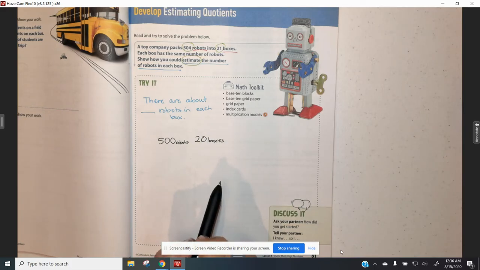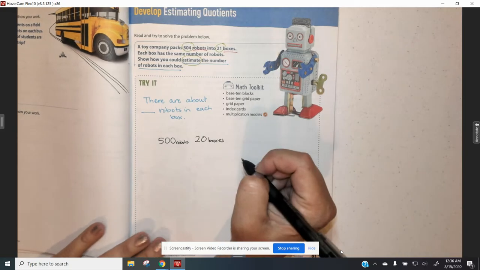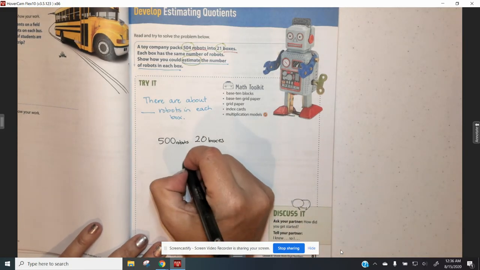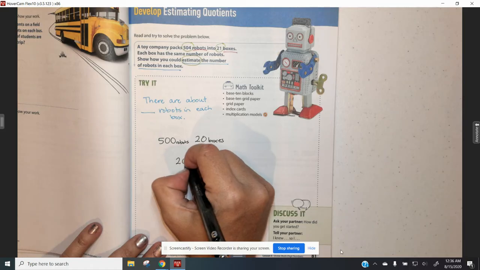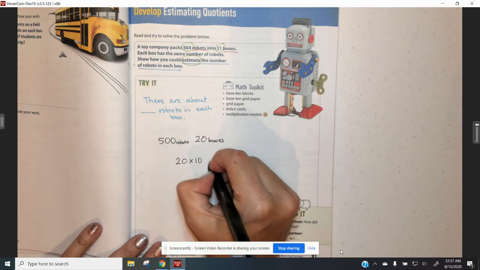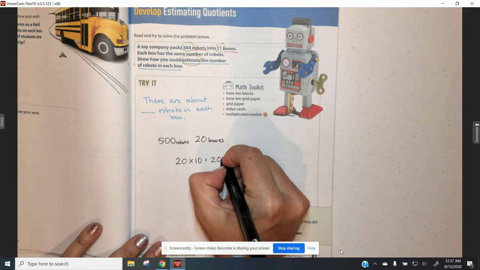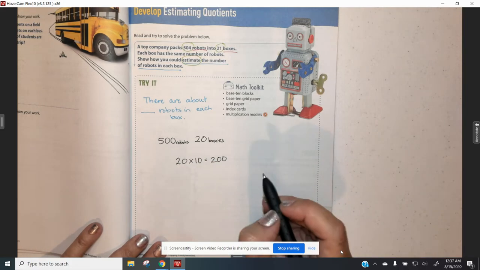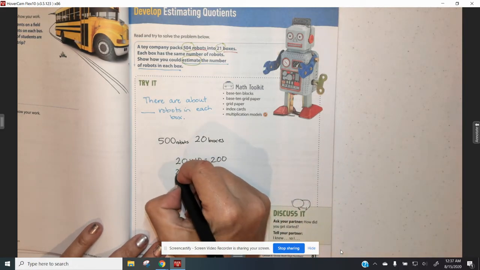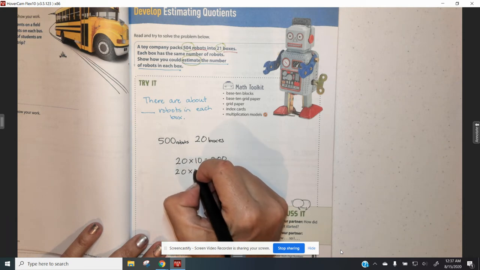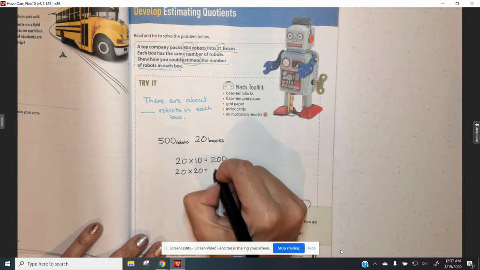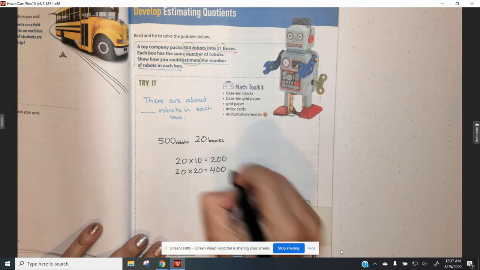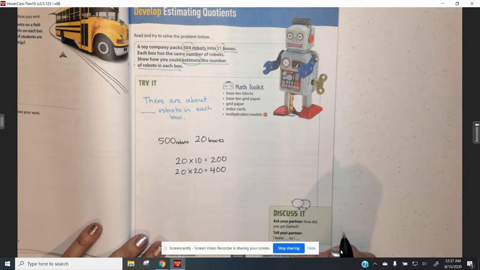And so then I can use a multiplication sentence and I can say, well, I know that 20 times 10 is equal to 200. And that's kind of far off from 500, so I'm going to keep going. I know that 20 times 20 is equal to 400. Now we're getting close.